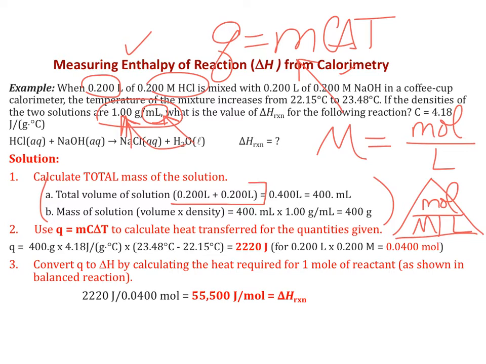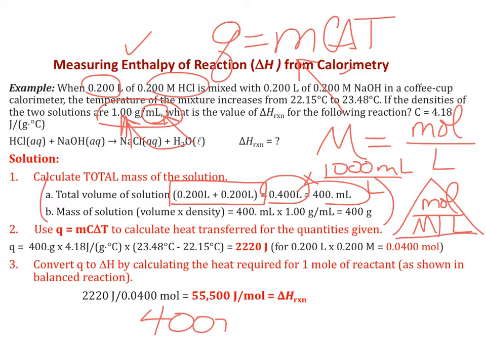There are 0.2 liters of each of the solutions, so we have a total of 0.4 liters. Of course, there are 1,000 milliliters per liter of solution, so that means we have 400 milliliters. Using our density as a conversion factor, if we have 400 milliliters and the density is 1 gram per milliliter, that means we have 400 grams.